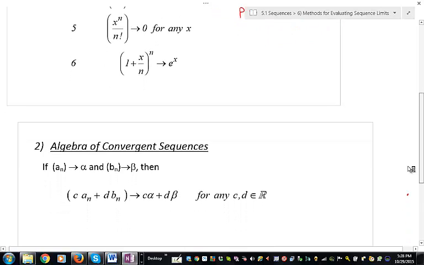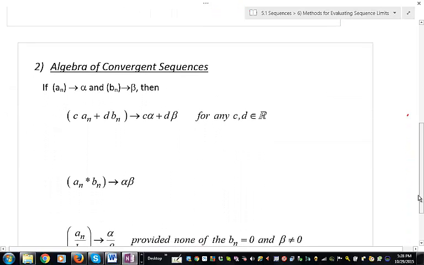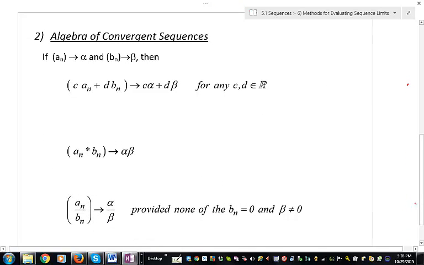Okay, the next thing we want to do is take our knowledge of limits that we learned before. And basically, they're going to let us determine what the limit of convergent sequences are when we start to take linear combinations and start to do algebraic operations on them.